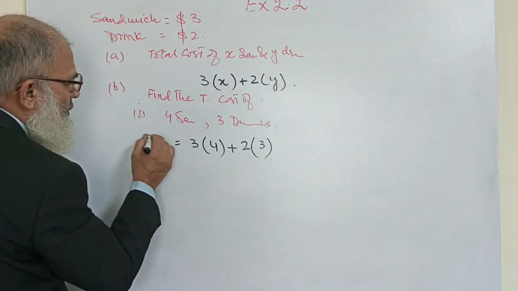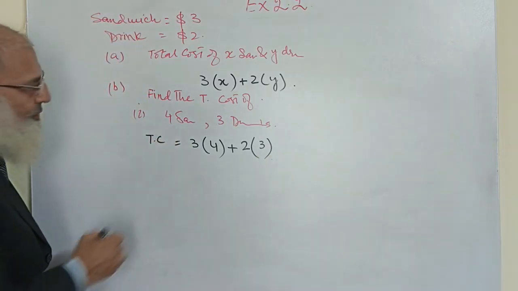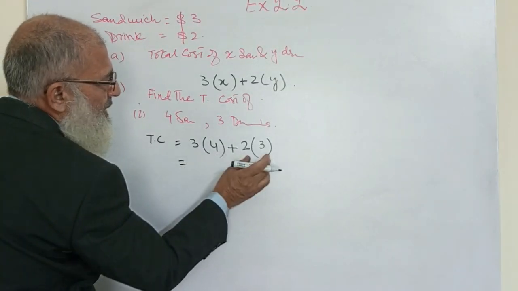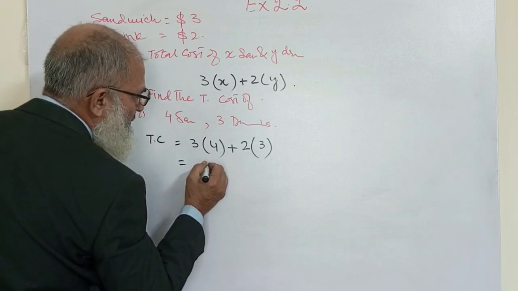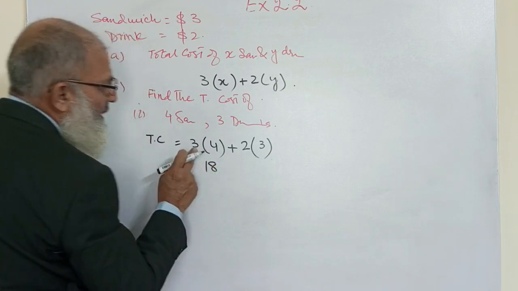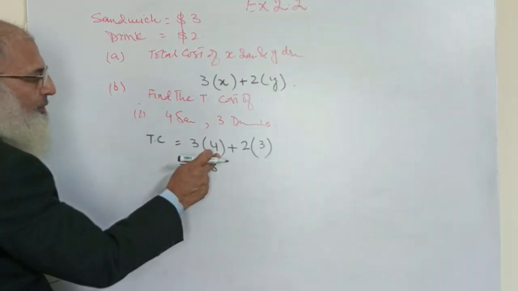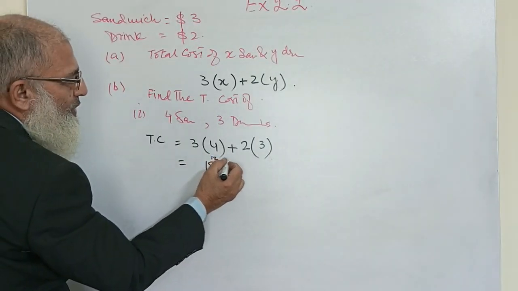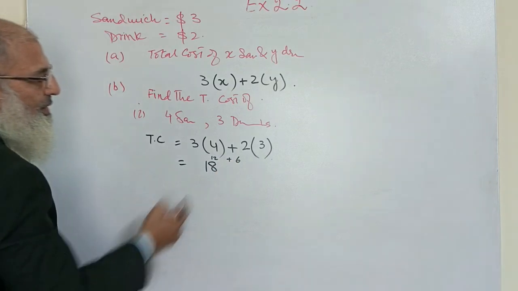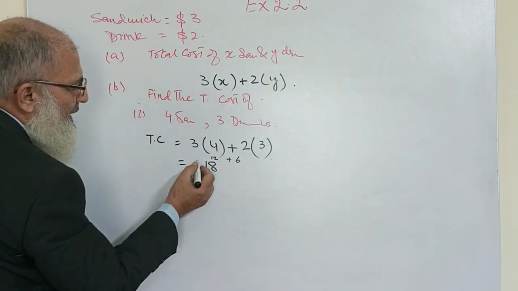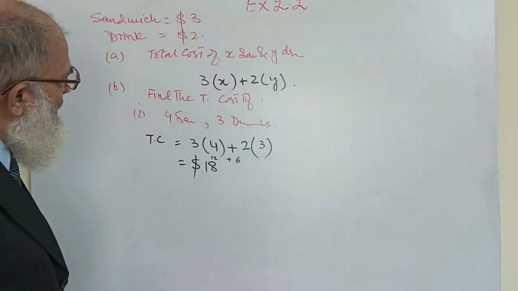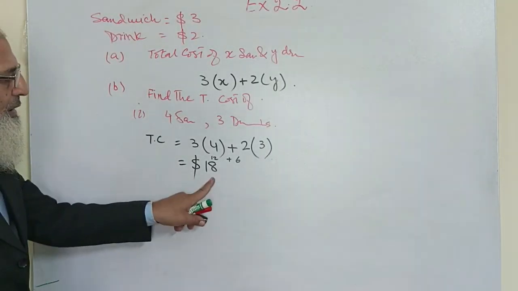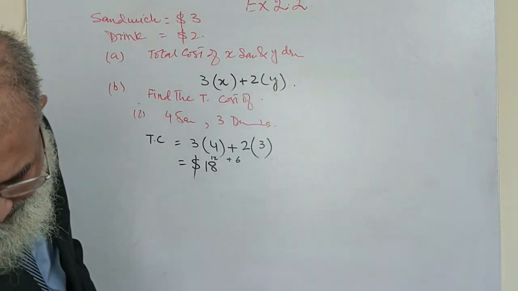Now the total cost TC is equal to 12 plus 6, that is equal to $18. 3 times 4 is 12, and 6, that will become $18, and you have to write the unit also. Total cost is $18.